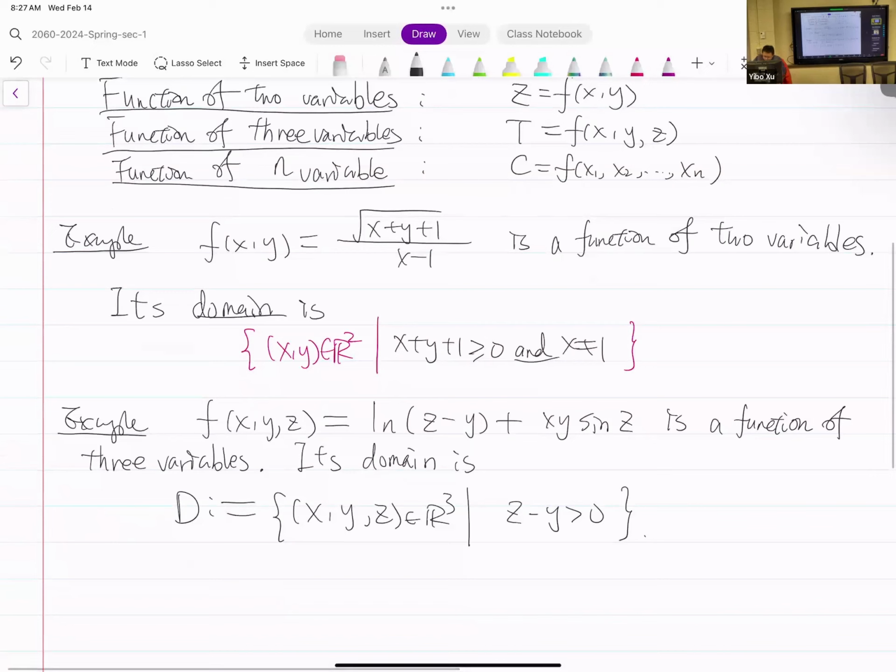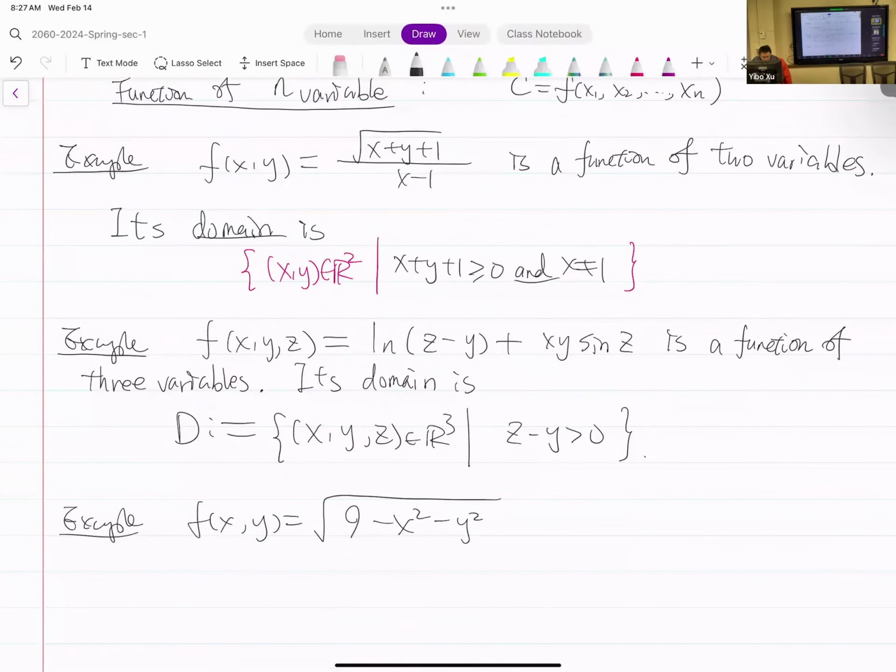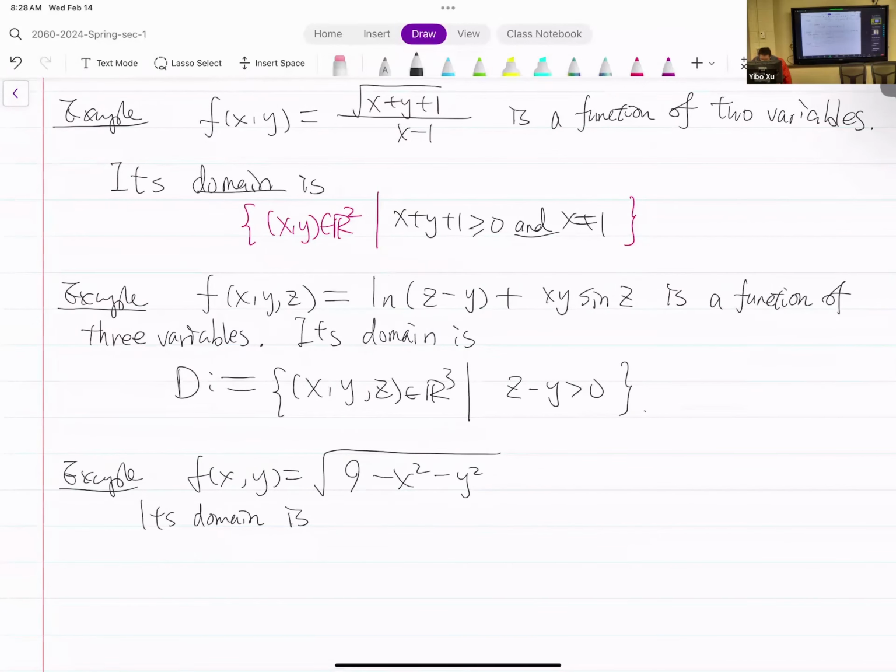So let's look at something a little bit more non-trivial. Let's look at the function f of xy. This is the example that we started this section with, where we have the square root of 9 minus x squared minus y squared. So its domain is, now we can directly write down the domain as D, the set of all pairs xy in R2.